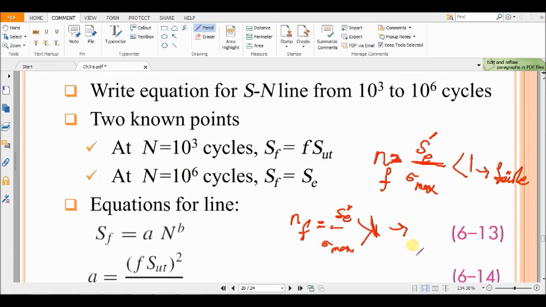then you will conclude that the cycle life of the part will be more than 10 power 6, or 1 million cycles.